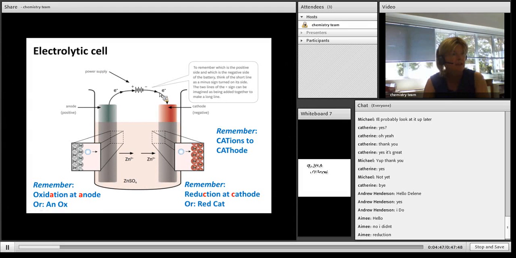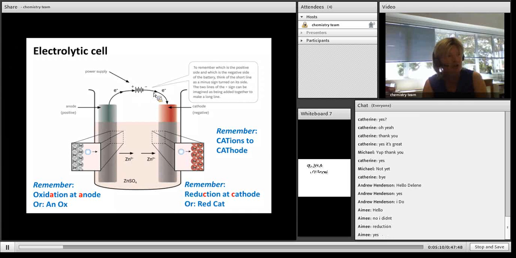Now, if either of you have done physics before, you'll know that the short little line in this diagram is the negative, and the long line is the positive. Have any of you done that in previous science, say level 1, when you drew cell circuits for electricity?